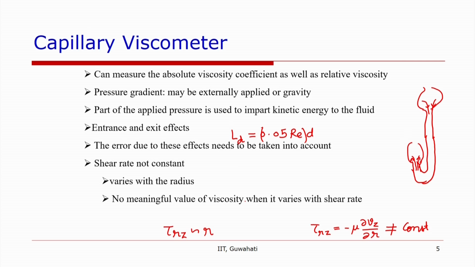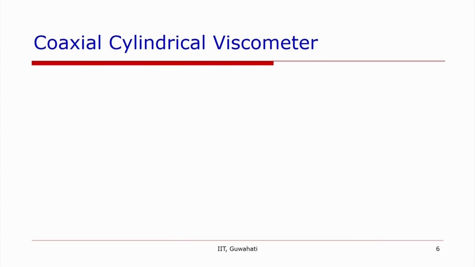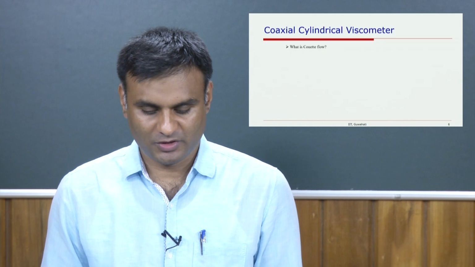So the viscosity will be varying across the cross section in the viscometer. So generally it is useful to use a capillary viscometer to measure the viscosity of a non-Newtonian fluid or a Bingham plastic fluid. Then another viscometer that we are going to discuss is the coaxial cylindrical viscometer.